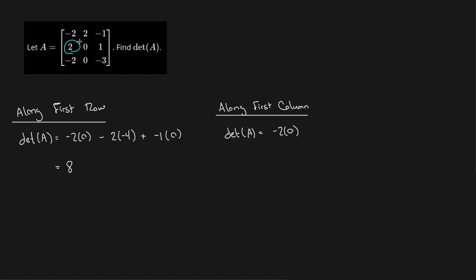Next entry in the first column, I'm going to get 2 times negative 6 minus 0. So 2 times negative 6. Last entry in the first column, I'm going to get negative 2 times 2 minus 0. So that's 2.